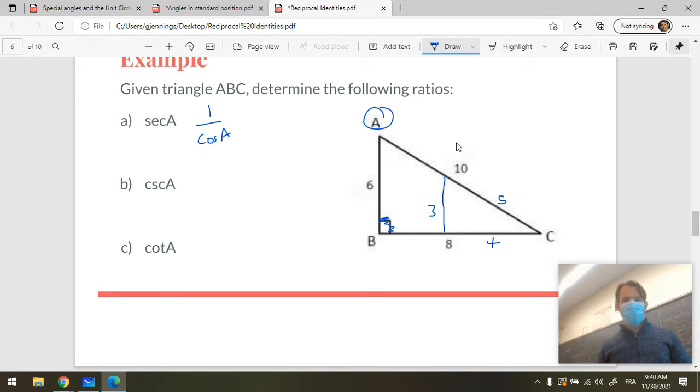Here is the angle A. So I need the adjacent and the hypotenuse. So that's equal to 1 over cos A. Well, that's 1 over 6 over 10. And that would simplify to 10 over 6, when I flip this and multiply, that'd be secant of A.